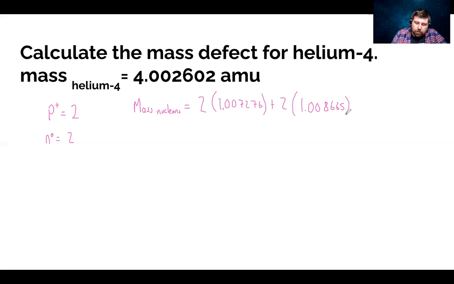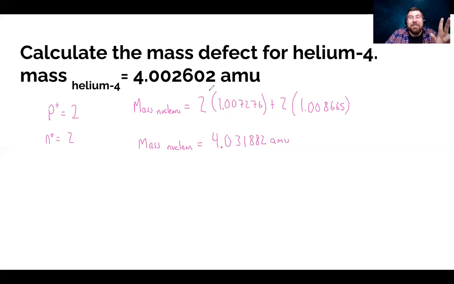So 2 times 1.007276 plus 2 times 1.008665 to get the mass of the nucleons, which is 4.031882 AMU. Notice that 2 protons and 2 neutrons by themselves have a mass that is heavier than a helium-4 nucleus.